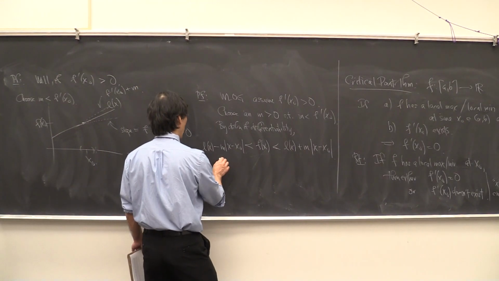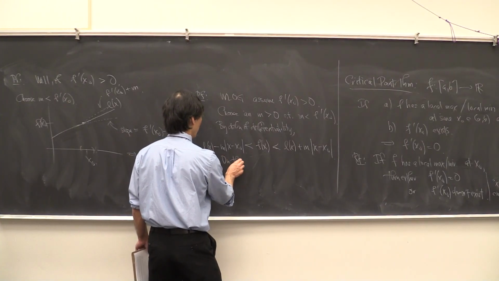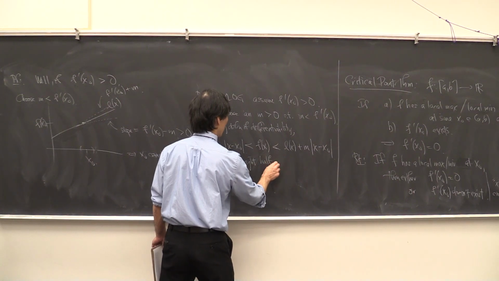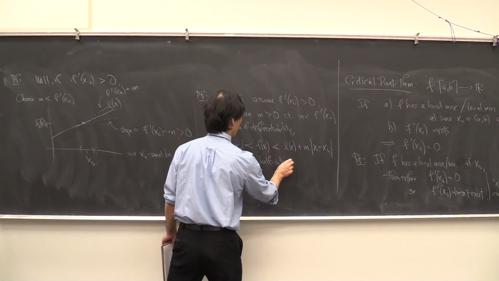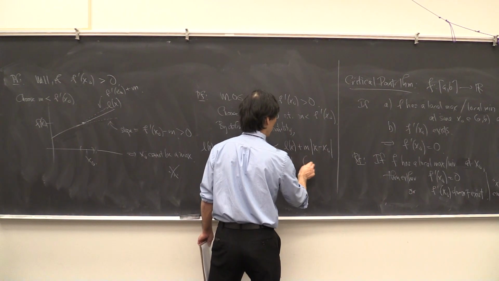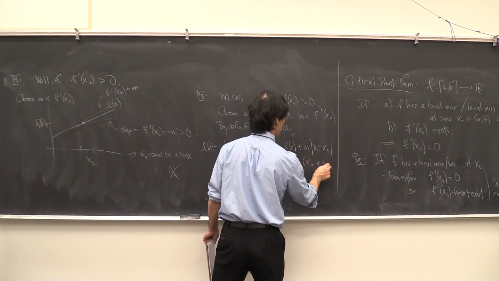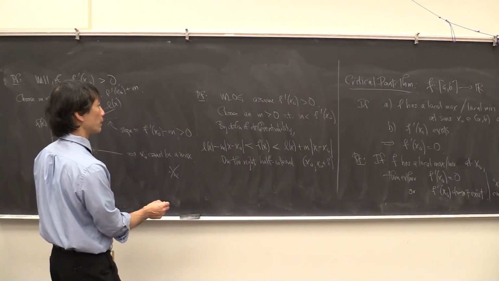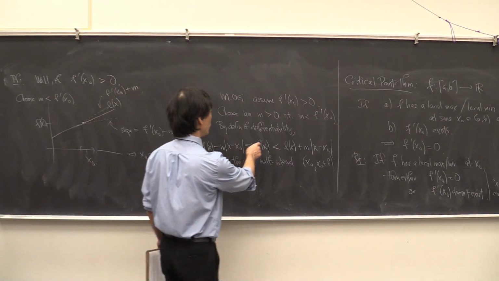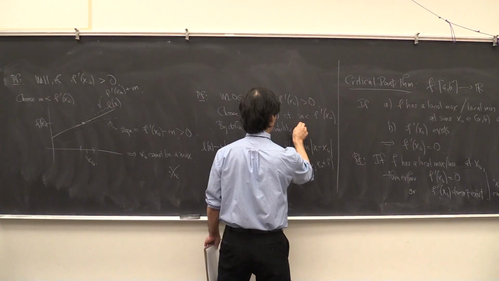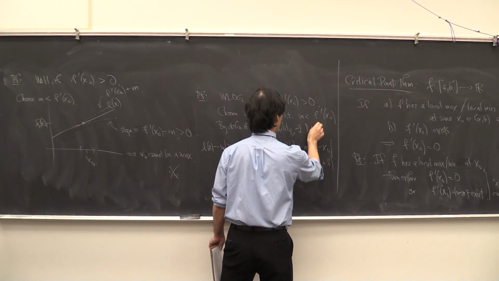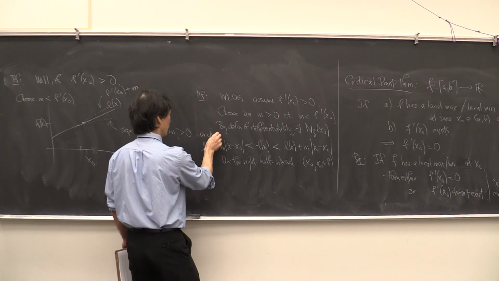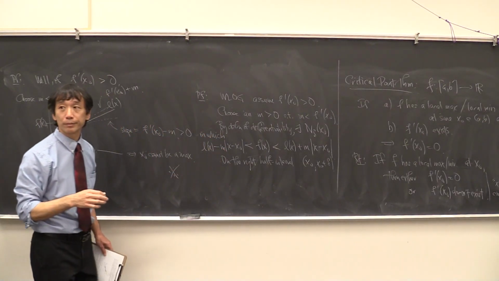Now on the right half interval, on x naught comma x naught plus delta, because of differentiability, there exists a neighborhood of x naught in which this holds.